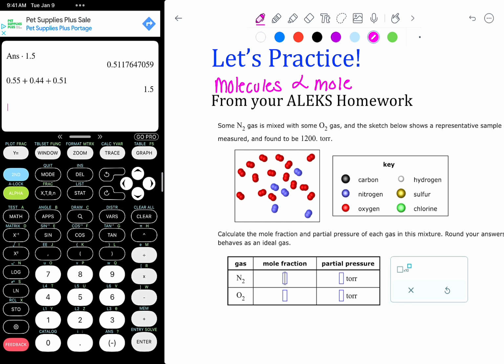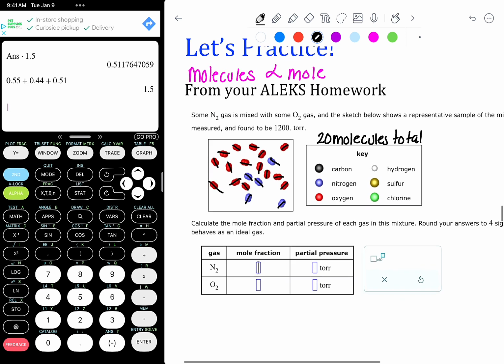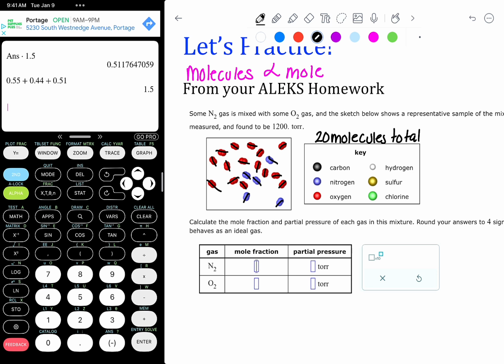So let's count up our total molecules. We have 1, 2, 3, 4, 5, 6, 7, 8, 9, 10, 11, 12, 13, 14, 15, 16, 17, 18, 19, 20. So we have 20 molecules total. So that's going to be our denominator in each of these. Nitrogen is blue.